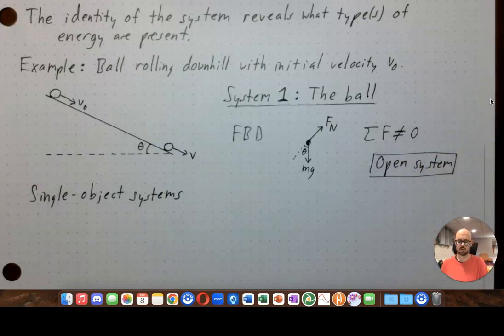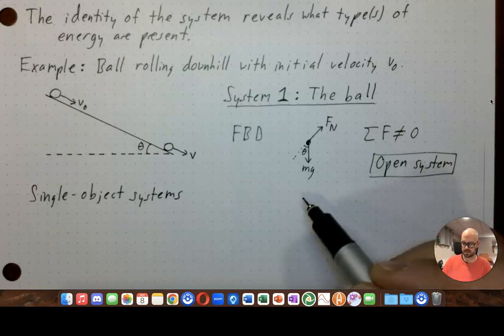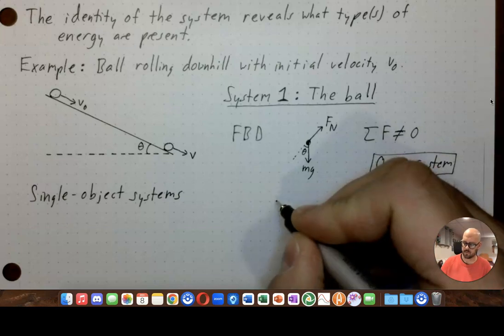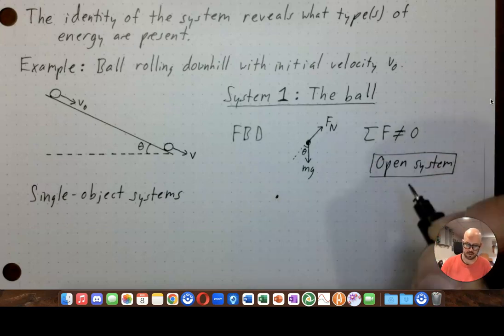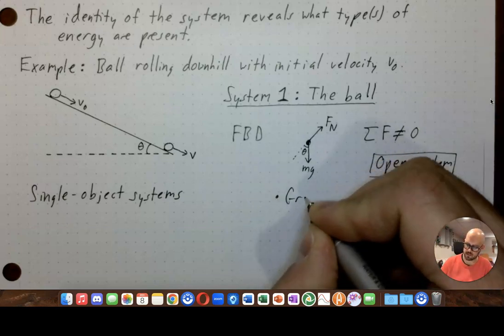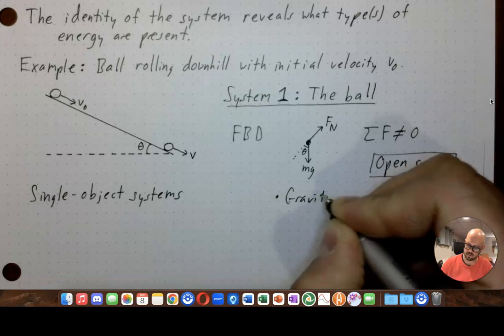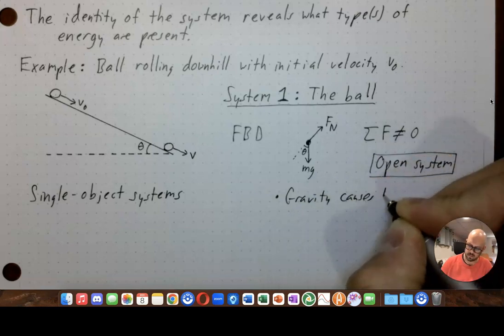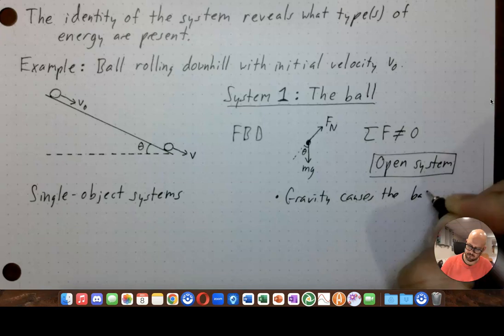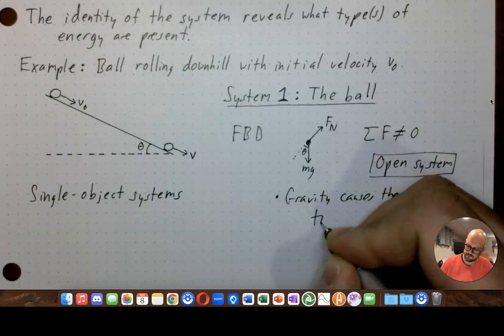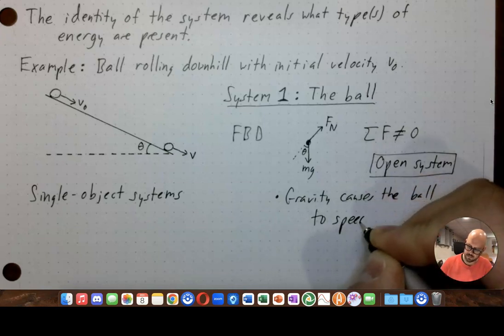Okay, so let's think about what that means. From our knowledge of forces, gravity is the force that's going to cause things to happen. So gravity causes the ball to speed up.